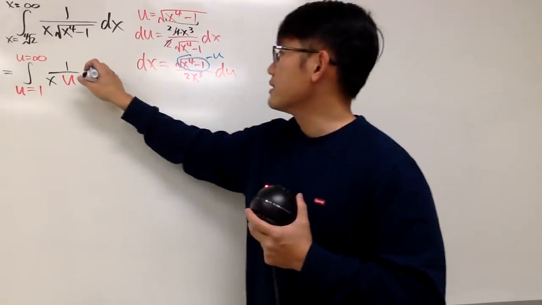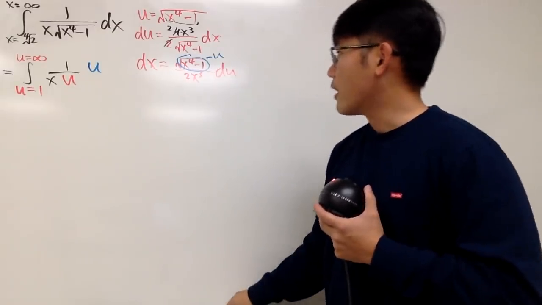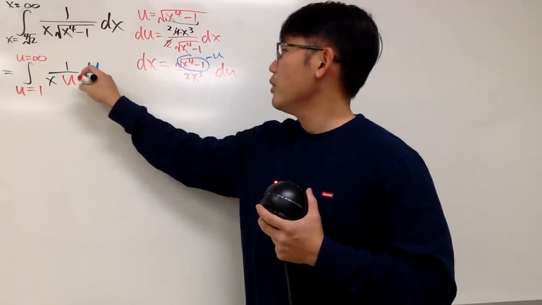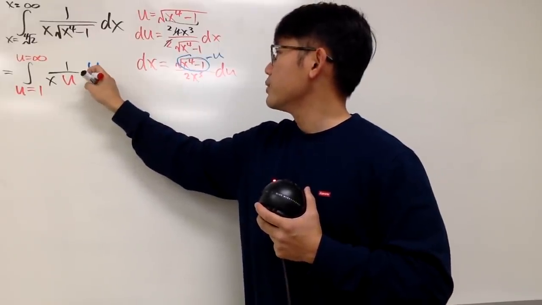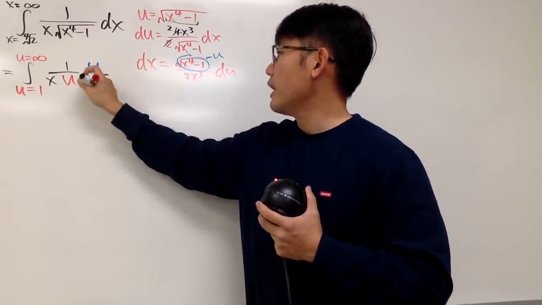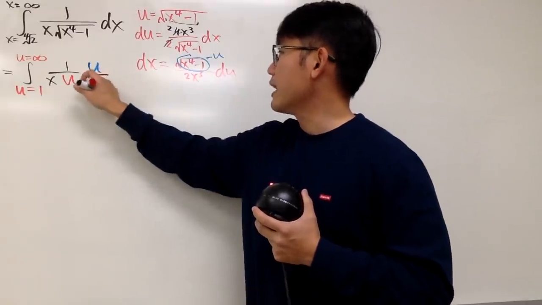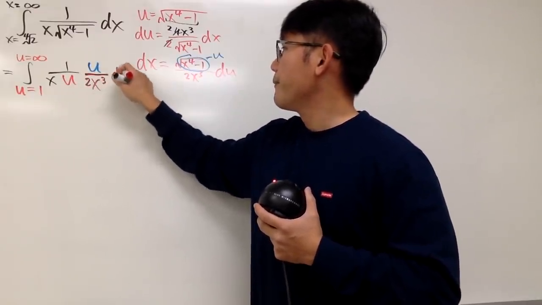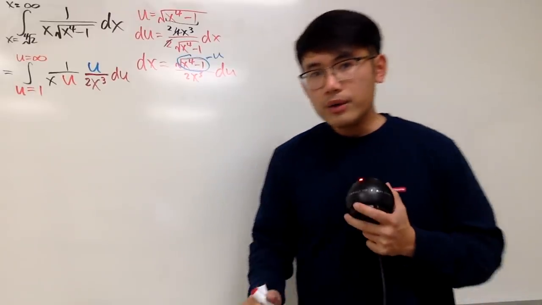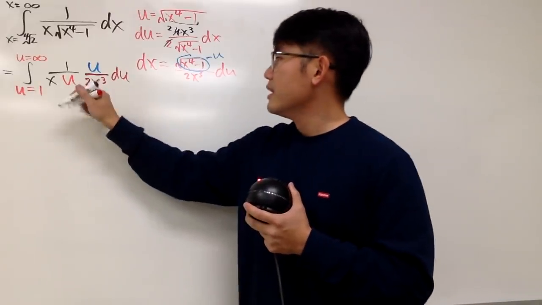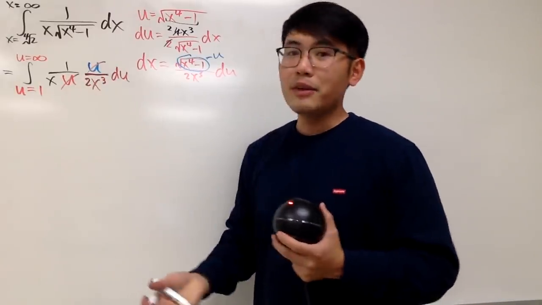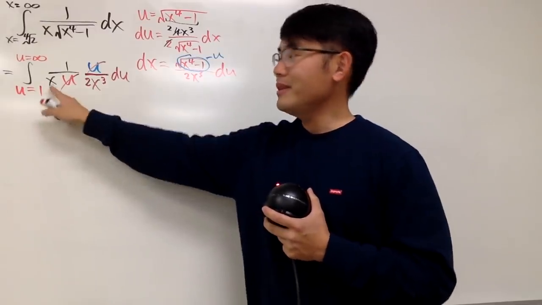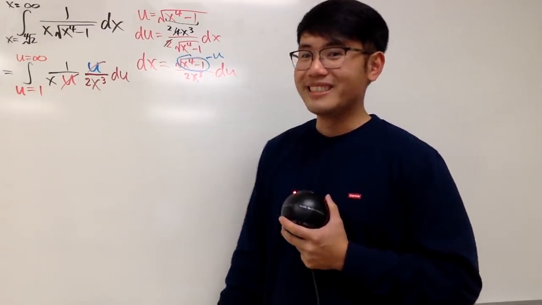So let's write it down as u over the 2x to the third power, and then we have the du after that. Right? And now, as you can see, in this case, the u and u cancel. That's kind of nice. And you still have the x though, so be really careful with this.